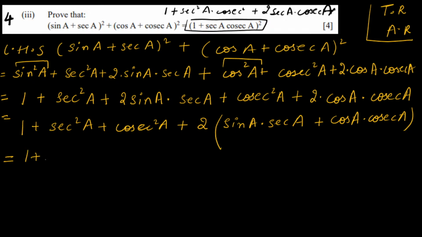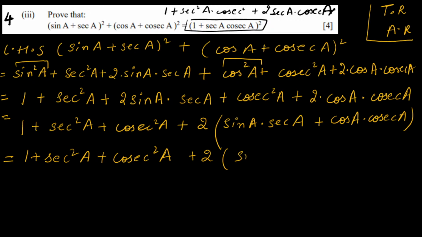Okay, so let it be like this only, 1 plus secant square A plus cosecant square A. Here let's change everything to sine and cos, converting to sine and cos in the bracket. So in the bracket I am just solving first of all, changing it to sine and cos, as suggested by Tarun also, and I was about to do the same thing.